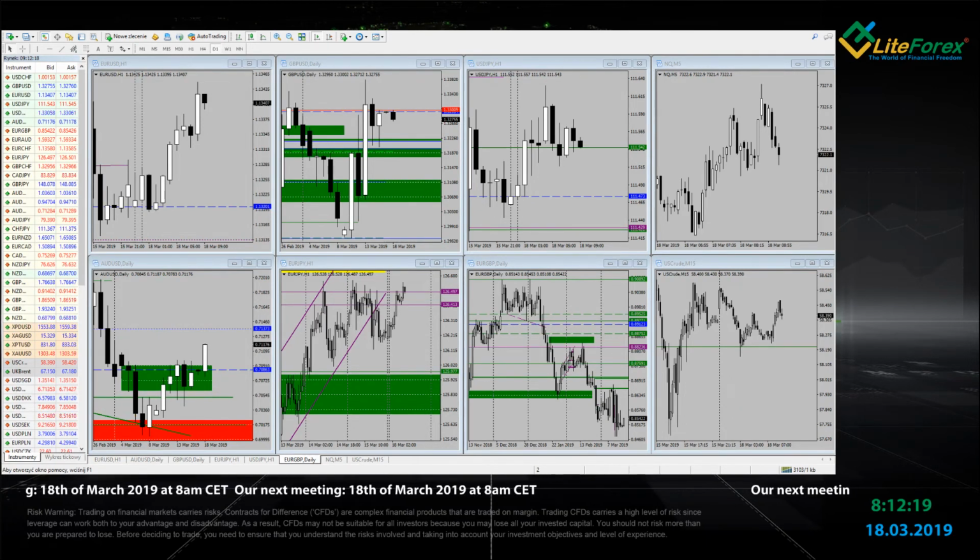Because Carney said it clearly last time that once Bank of England has a clear view of what is going on with Brexit, then they can create this longer path for monetary policy, and in that case, pound may try to catch up to trade with the rate hike expectations.